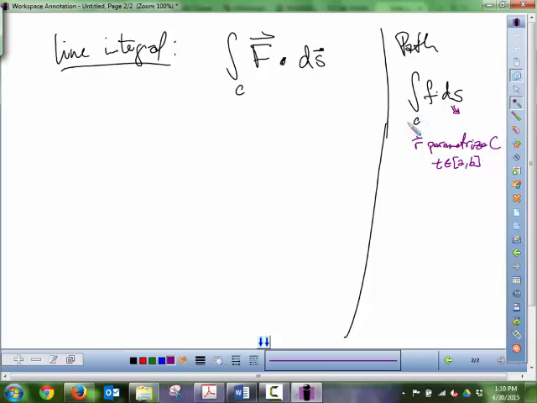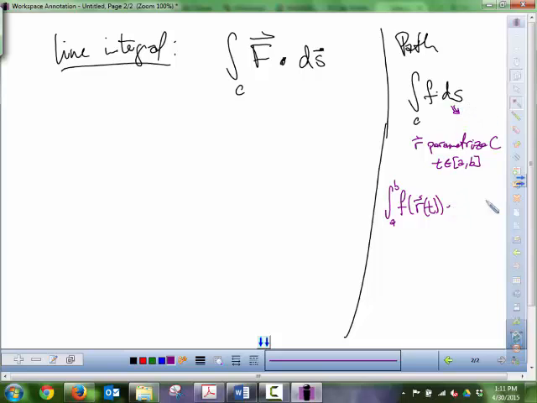So this symbol that we use for a path integral will change into a working definition that looks like this. You've got A to B, and then your f function, for f you're going to put in the x of t and y of t, so everything is going to become a t. And for that I'll shorthand write it as r of t. That's saying I'm putting in x of t, y of t.